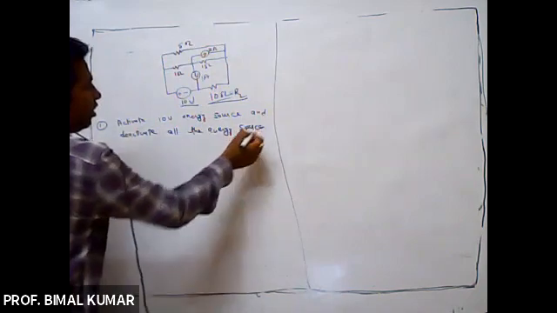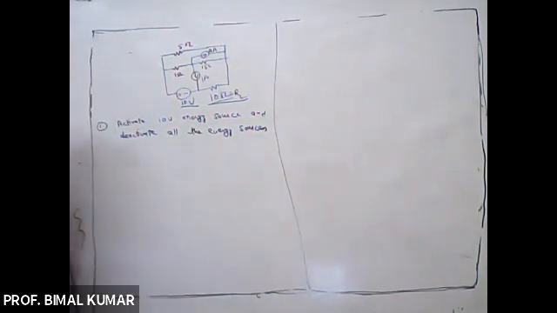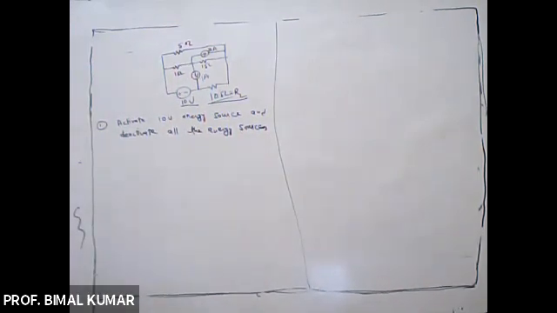If there are voltage sources, they are short circuited, and if there are current sources, they are open circuited, because an ideal voltage source has zero internal resistance and an ideal current source has infinite internal resistance.